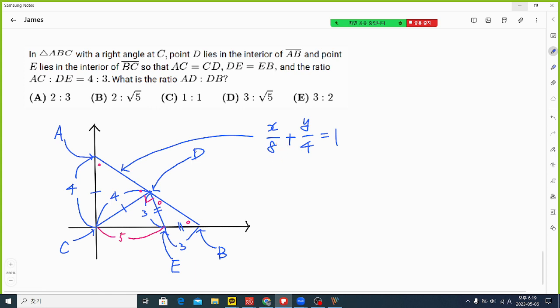So the point D is on the line segment AB. So if we make the x and y coordinates, this point satisfies this equation.